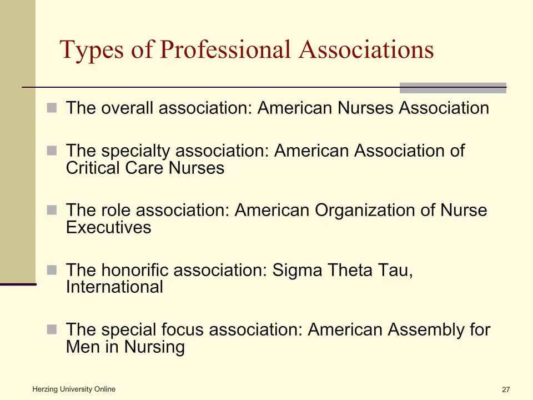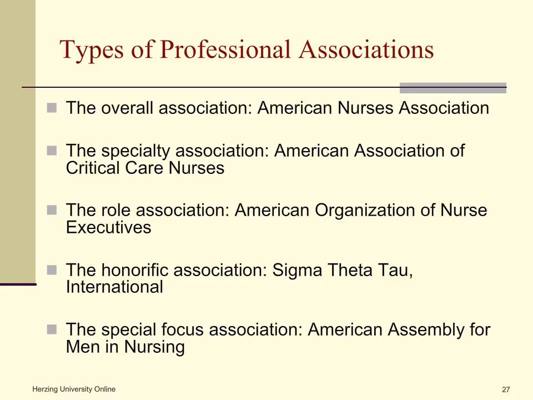Some nurses early in their careers join a specialty association. These associations typically deal with issues surrounding the clinical areas or patients' population served. A third type of association is the role-focused one. The American Organization of Nurse Executives, for example, serve nurses from multiple clinical specialties who hold management positions.